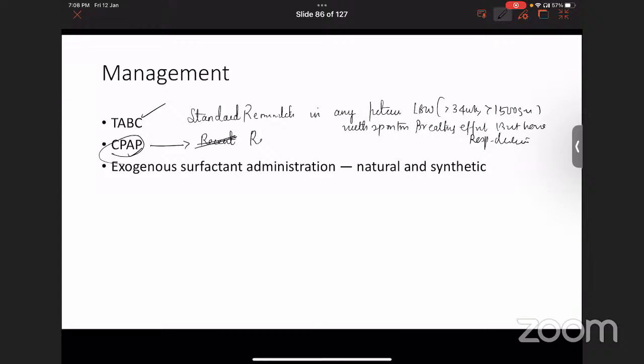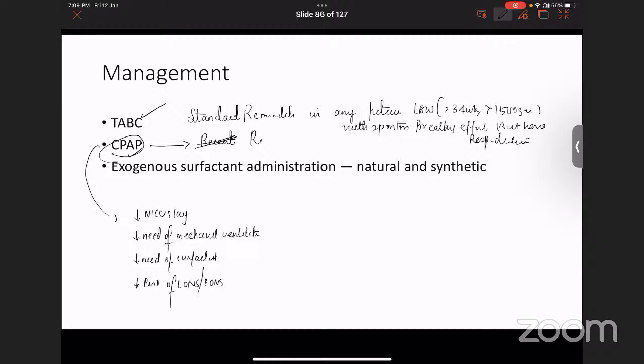In any preterm low birth weight baby, less than 34 weeks, less than 1,500 grams, if you give CPAP in the delivery room to a spontaneously breathing baby with labored breathing or respiratory distress, it has been shown to reduce the NICU stay, reduce the need for mechanical ventilation, reduce the need for surfactant, and also reduce the risk of late onset neonatal sepsis and also VAP. Because of this, CPAP is right now recommended.